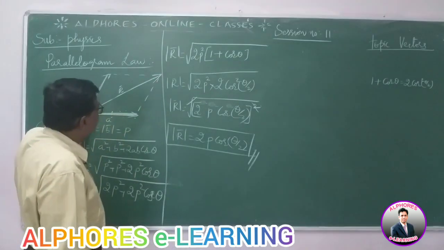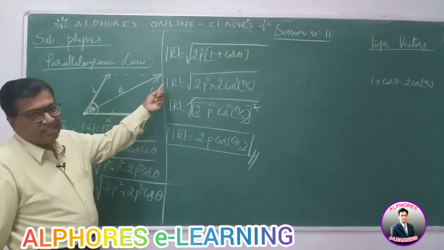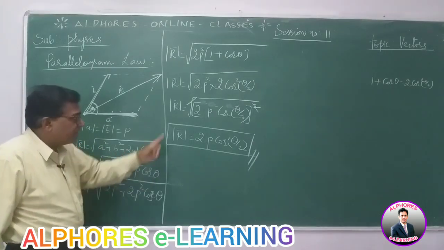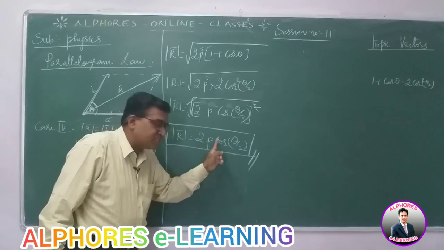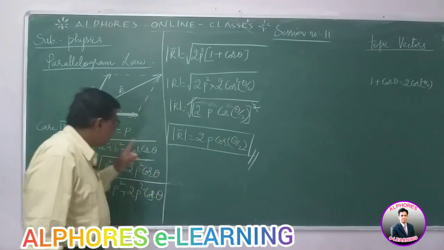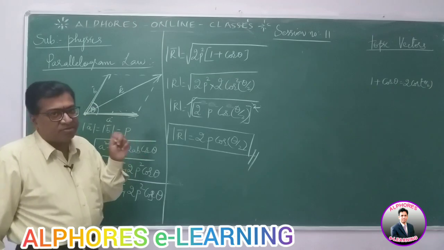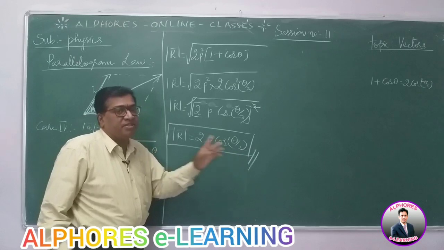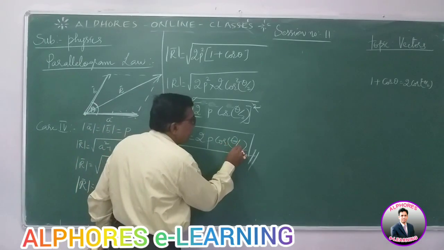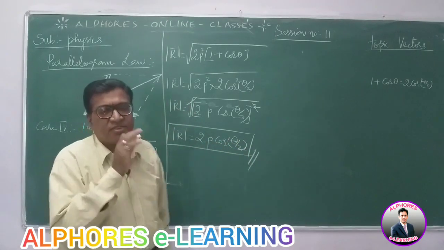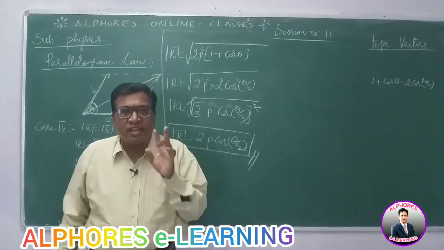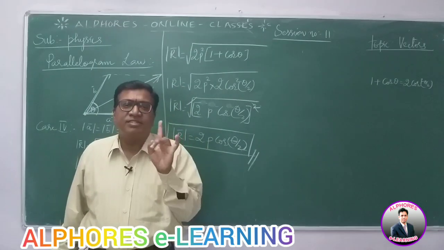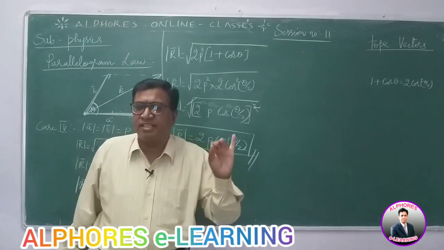Then the resultant magnitude is root of a square plus b square plus 2ab cos theta, and simplifying, I get 2p cos theta by 2. Here p is the magnitude of either vector, and theta by 2 is half the angle between the vectors. A very important formula: if there are two vectors of same magnitude p acting at an angle theta, then the resultant is 2p cos theta by 2.